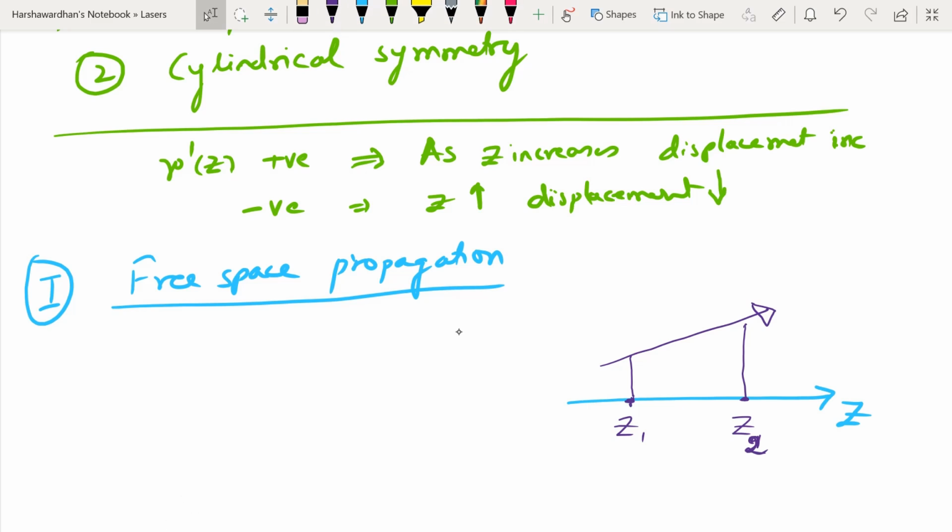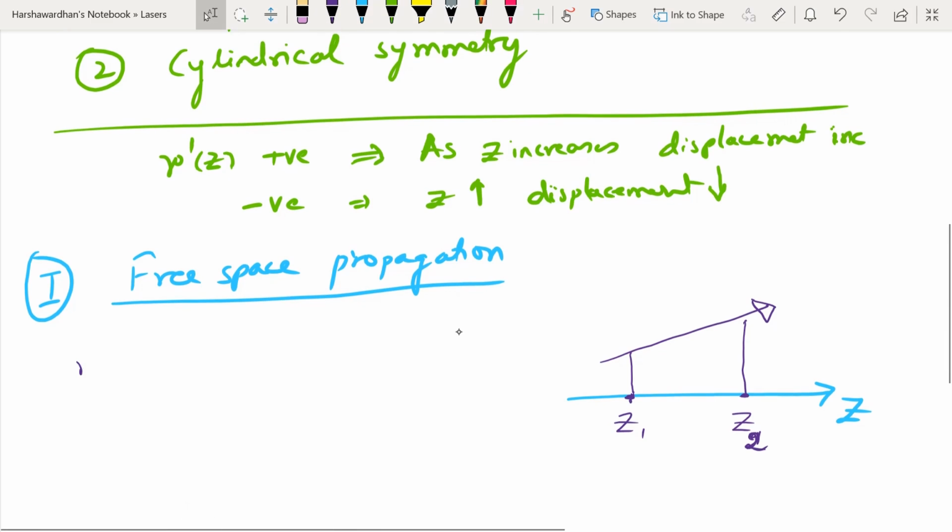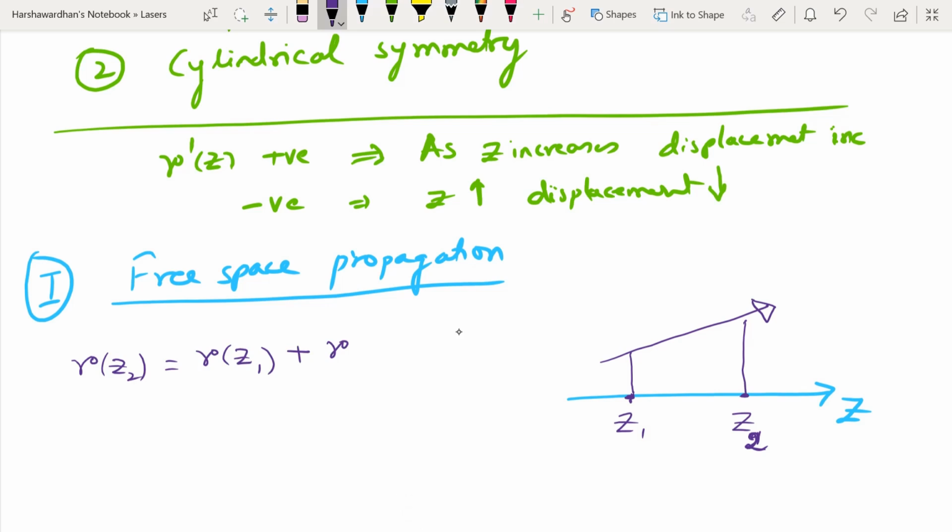So you can clearly see that my lateral displacement at z2 can be written as the lateral displacement at z1 plus r prime, which is calculated at z1, times the distance between the two, which is z2 minus z1.